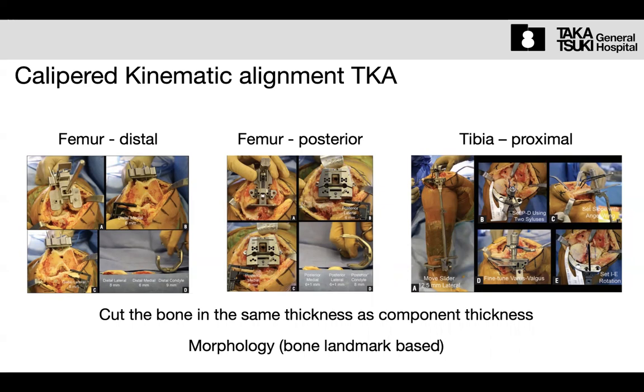The gap balancing technique is considered to be the true kinematic alignment, because most Japanese surgeons cut the tibia parallel to the femur after the femur cut. But this is not the true alignment; that is the gap balancing technique.